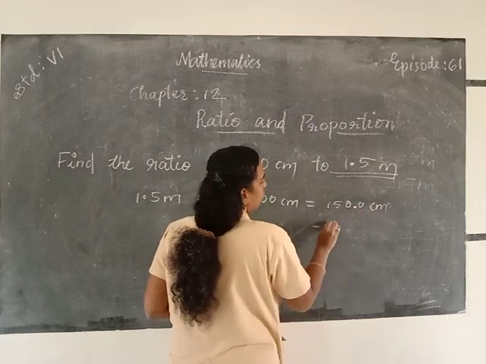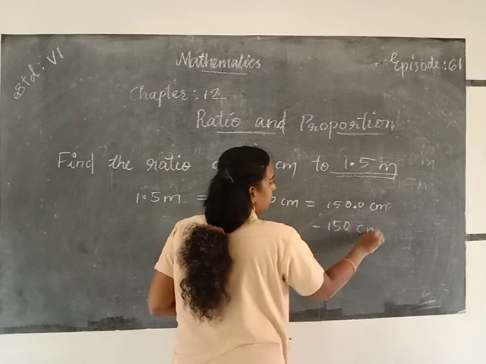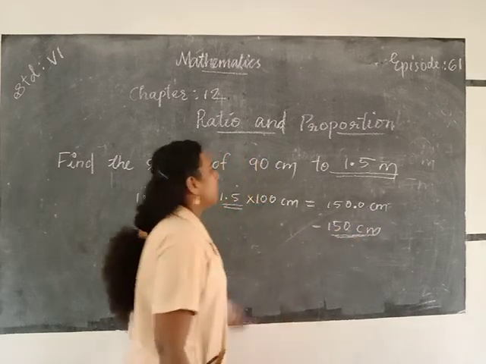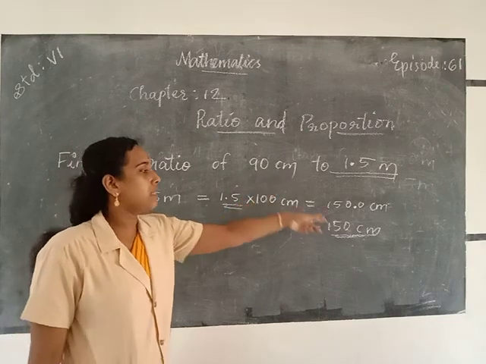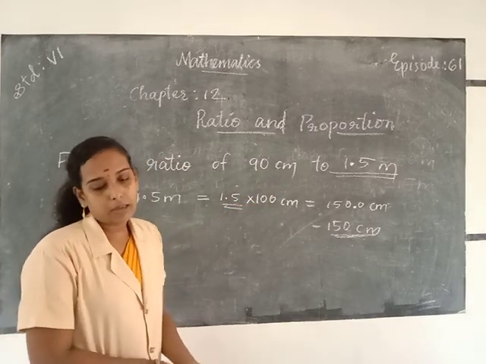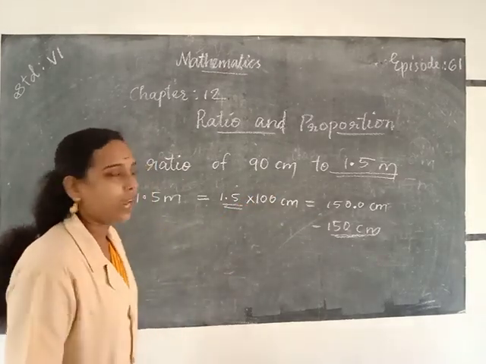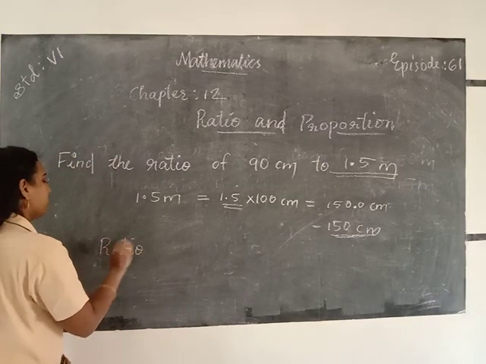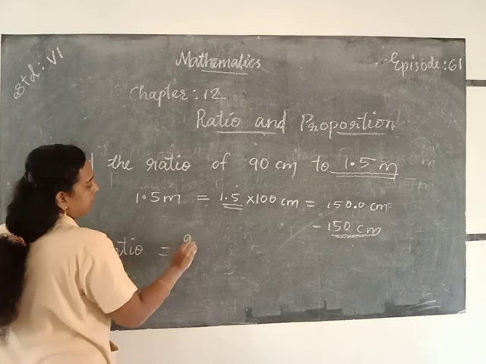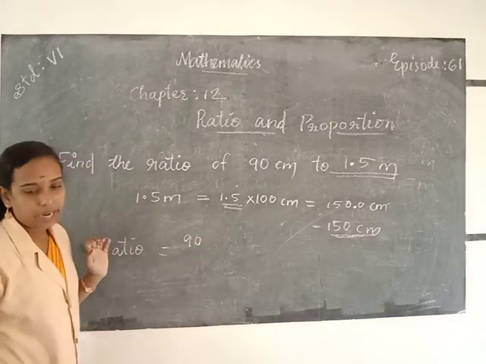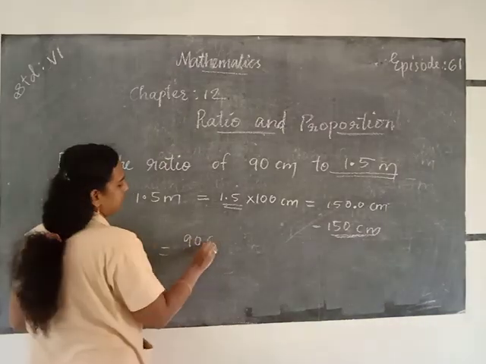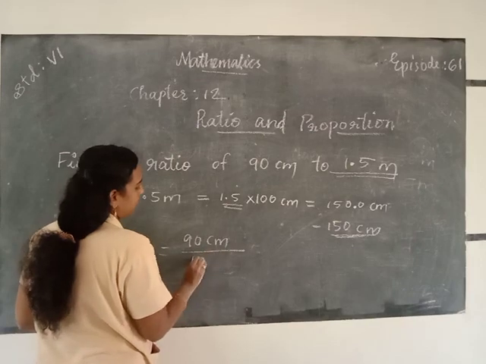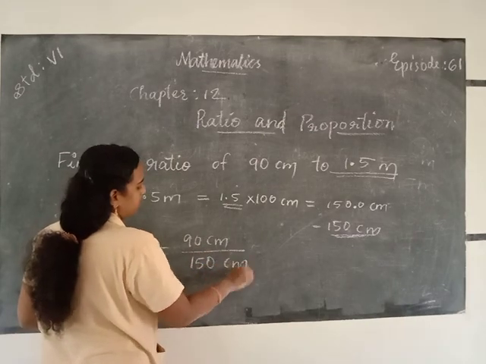You get 150 centimeter. So here these two are in the same unit, 90 centimeter and 150 centimeter. Then you write the required ratio. The ratio is equal to 90 centimeter divided by 150 centimeter.